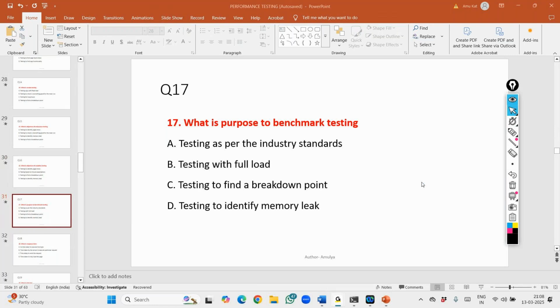Suppose you want to register into one application. What we will be doing is navigating to that application. I'll show you that.